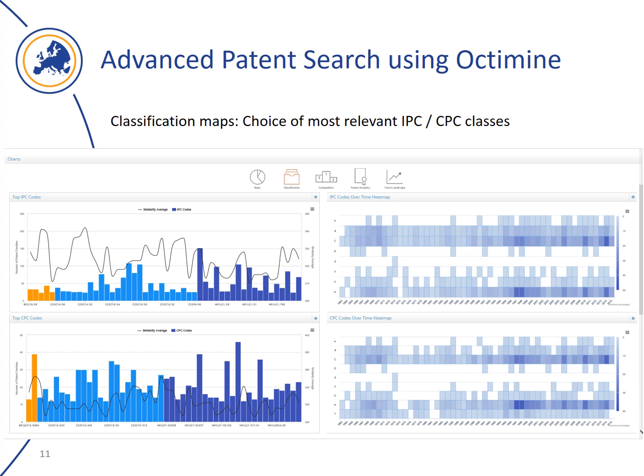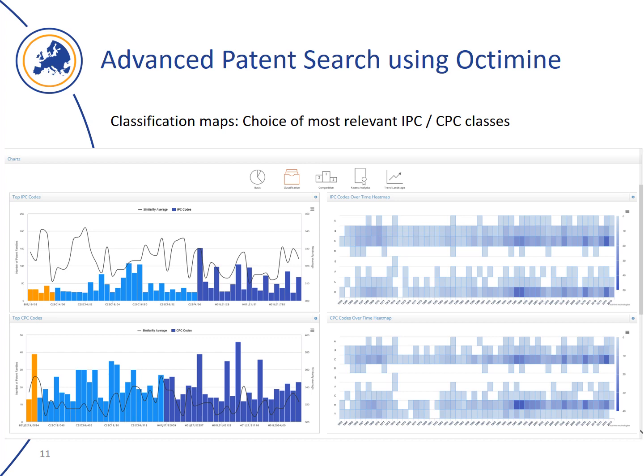It is even better depicted down here with the top Cooperative Patent Classification, the CPC codes. Here, for instance, you see 2 CPC codes which are far above the similarity average, and this means they are quite specific for the technology we are looking for.